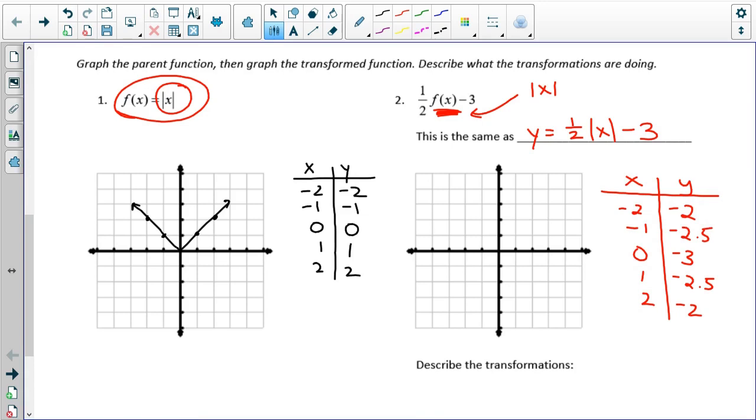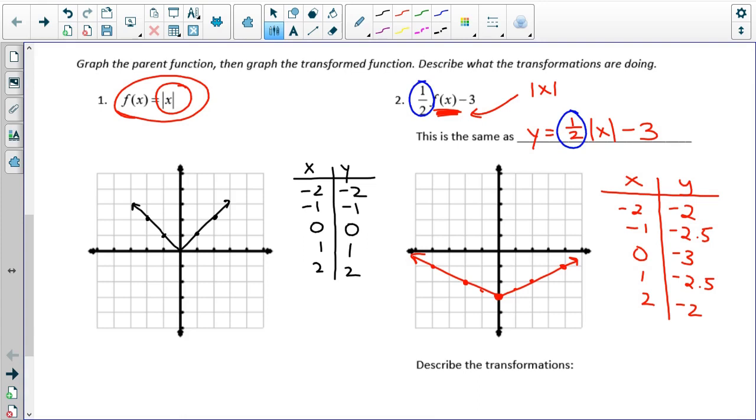So it would look something like this. After I plotted points, it seems like that's what happens. Now, if we take a look at what our notes said would happen, this 1/2 should end up being a vertical shrink.